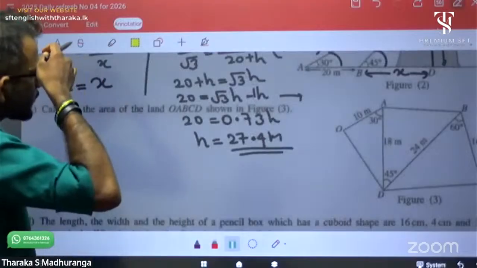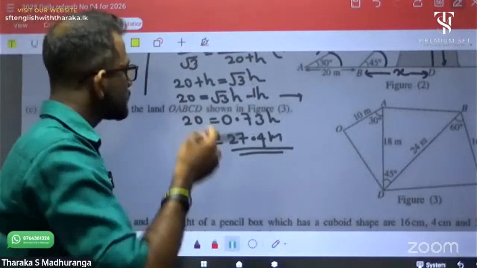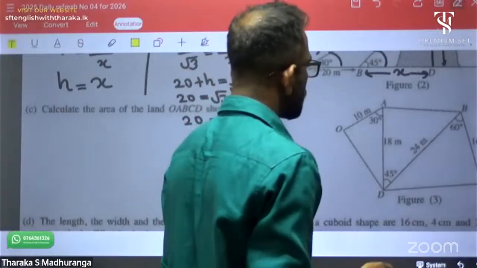Now calculate the area of the land OABCD shown in the figure.